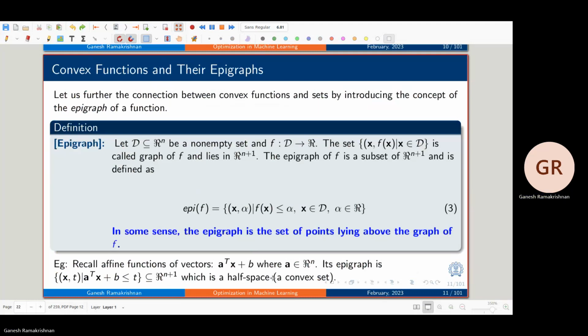Is there a way I can extrapolate this from the x1, x2 dimension to the x1, x2, z dimension? What would that correspond to? Can I construct the supporting hyperplane for the epigraph from the supporting hyperplane for the sublevel set? You see, the sublevel set has a supporting hyperplane. How do you construct the supporting hyperplane for the epigraph at the same point here?